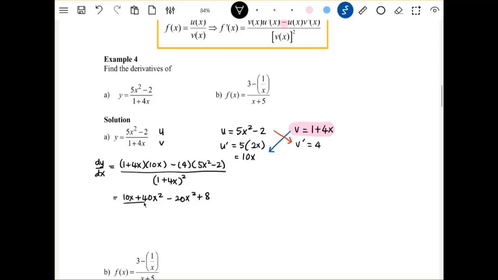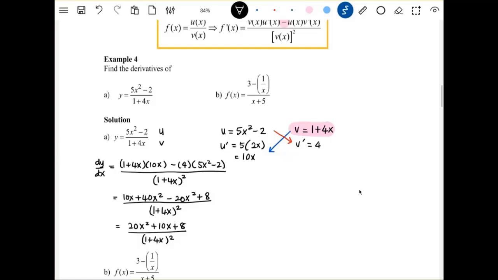So the whole thing divided by 1 plus 4x the whole thing square. So bahagian atas kita boleh simplify dengan combine dx square. So end up 2x square plus 10x plus 8. So bahagian bawah masih lagi kita tak buat apa-apa, just copy the whole thing back. So inilah jawapan untuk part A.